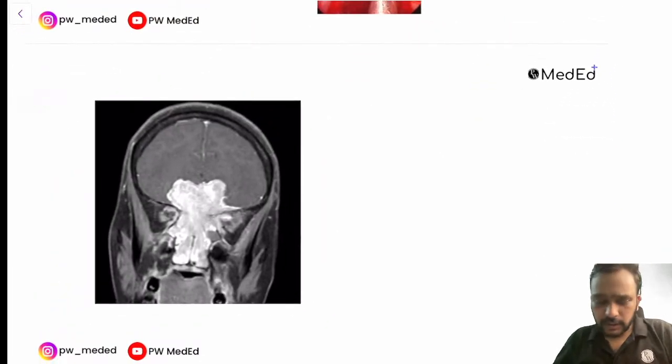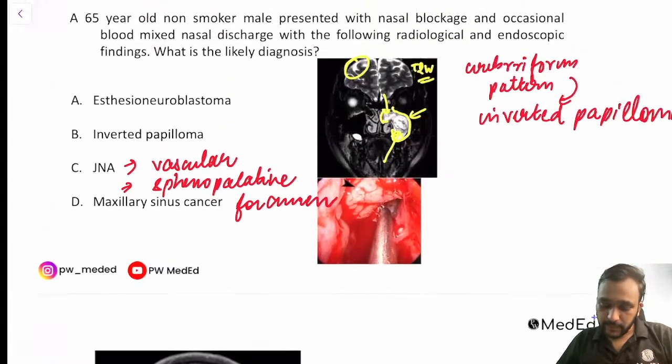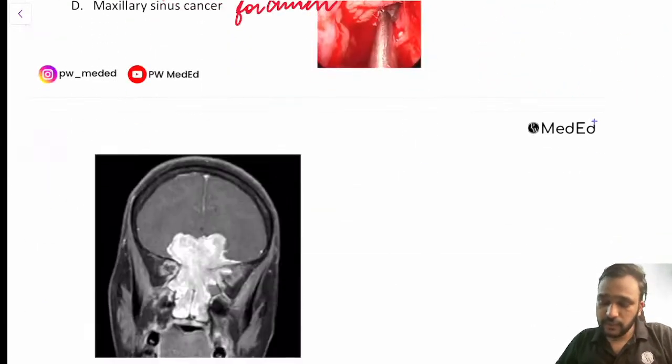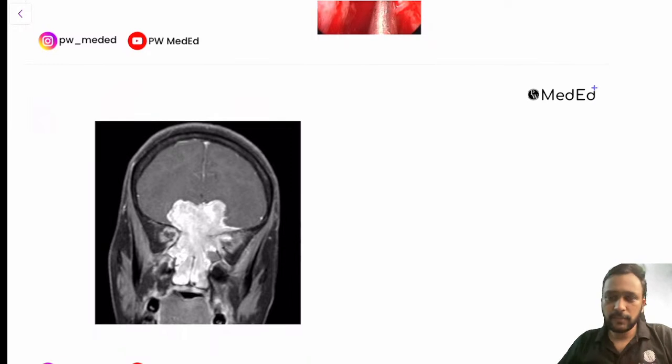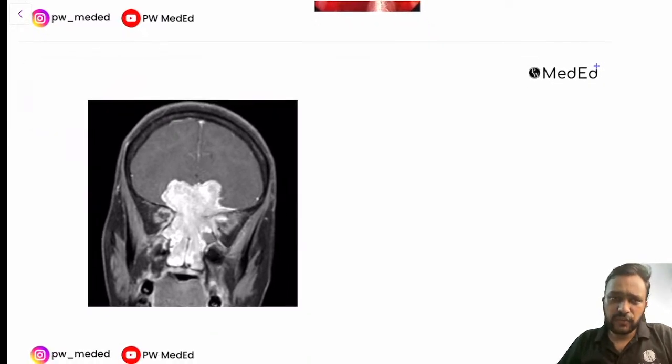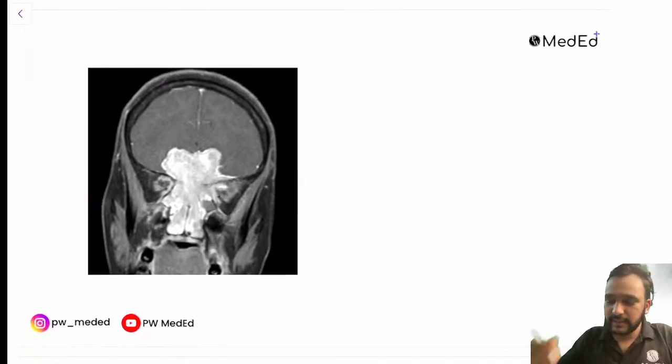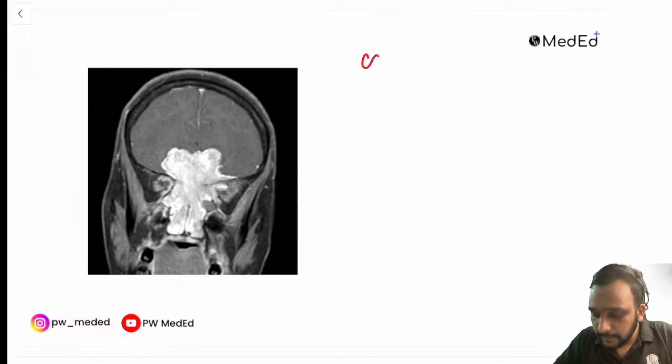And talking about olfactory esthesioneuroblastoma. So guys, we all know that olfactory esthesioneuroblastoma is going to arise from the olfactory nerves, and olfactory nerves travel in the cribriform plate, right?